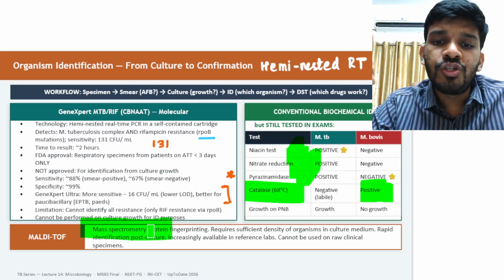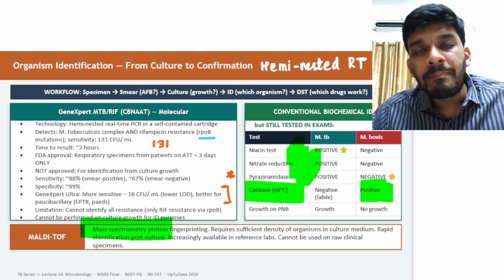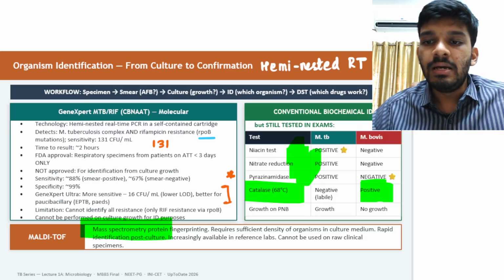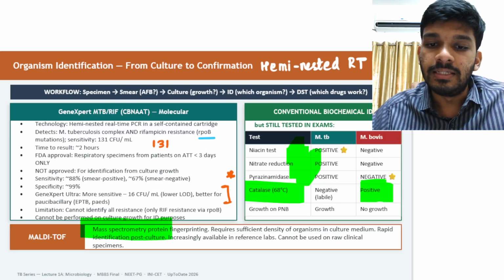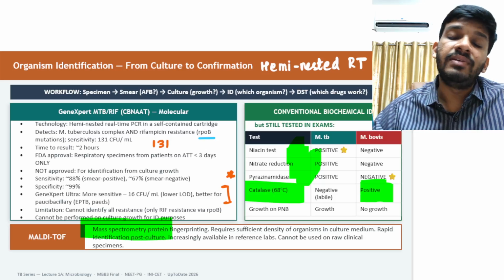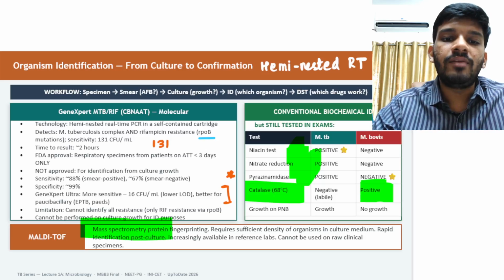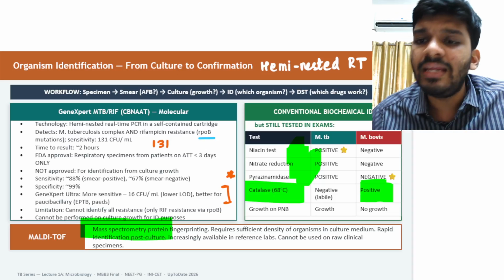So important things about GeneXpert. First, it detects rifampicin resistance. So if rifampicin resistance is there, you have to start a multi-drug resistant regimen. Then you have to do secondary tests to see what all drugs are resistant, right? Now you have GeneXpert Ultra, which has increased the sensitivity to 16 colony forming units, right? Other things that we talked about, niacin test, pyrazinamidase test, all of these are no longer very relevant.